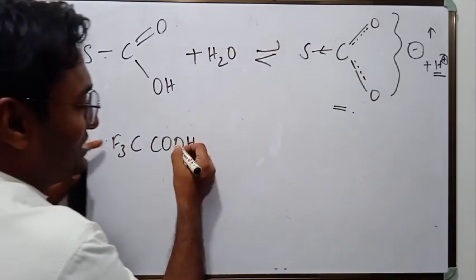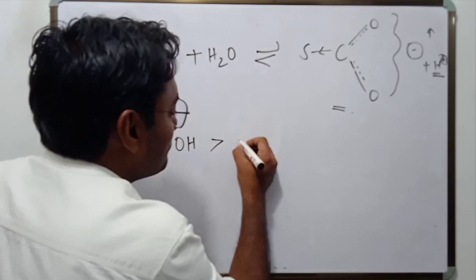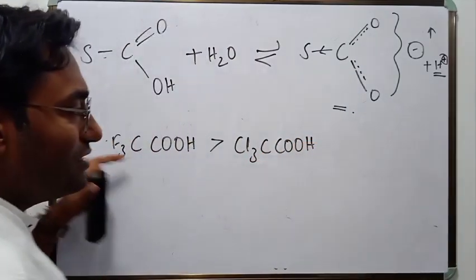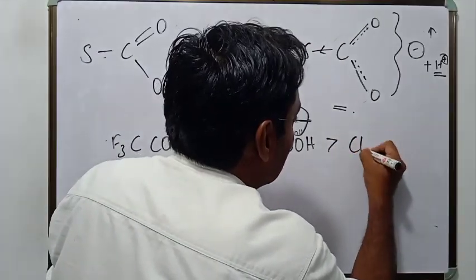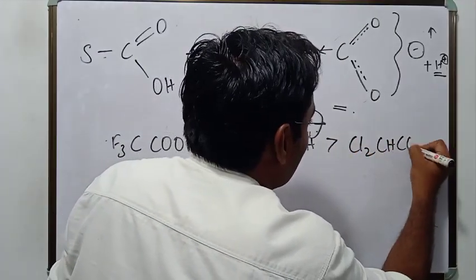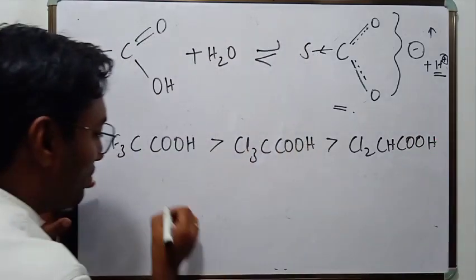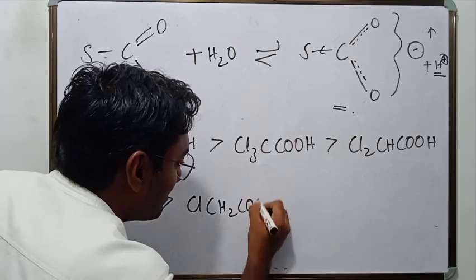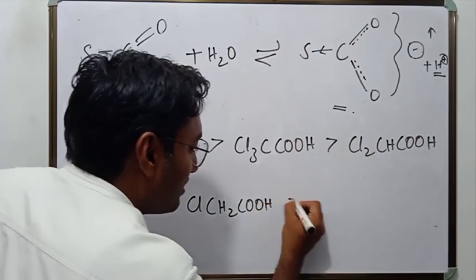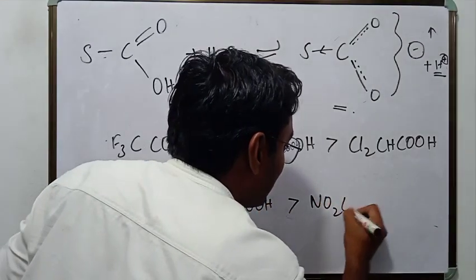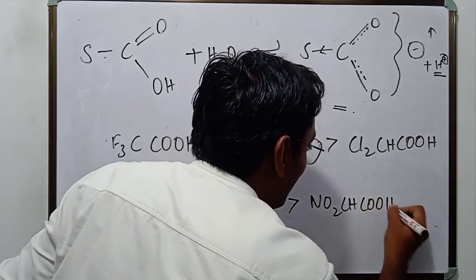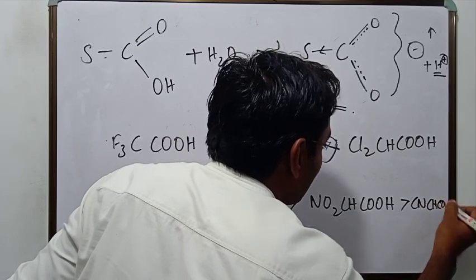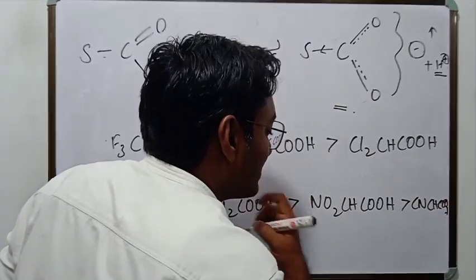So this is the most acidic, followed by trichloroacetic acid, followed by dichloroacetic acid, followed by monochloroacetic acid, followed by nitroacetic acid, followed by cyanoacetic acid.